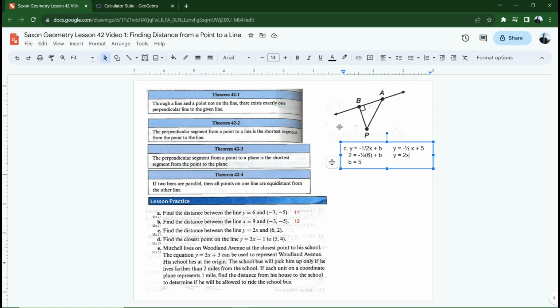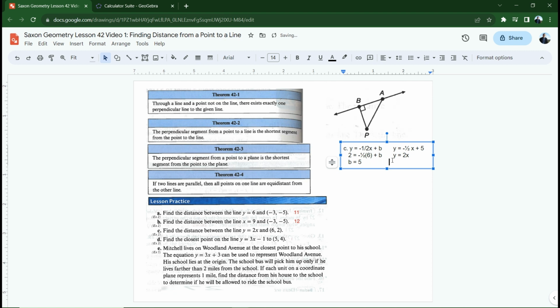Okay, this is not the actual line from the problem, but it's a similar thing. I'm given this line. I've been given a point not on the line. I found the equation of the perpendicular. Now I have to find this point B. And then to find the distance, I'm going to need to use the distance formula between this point and this point. Sounds like a lot of work, and it is. But it's the way to do these.